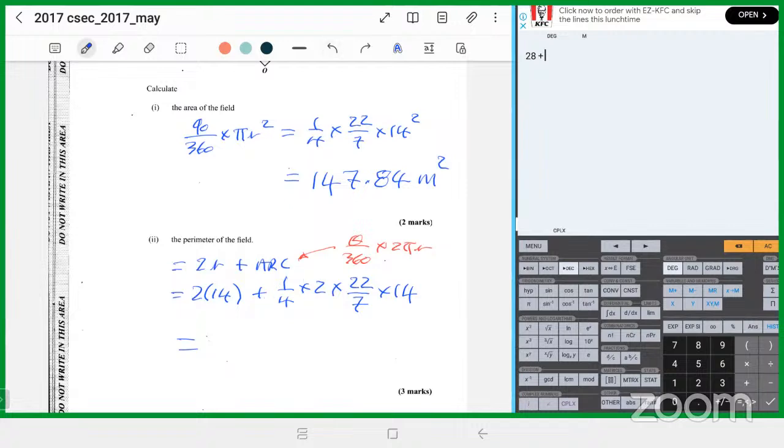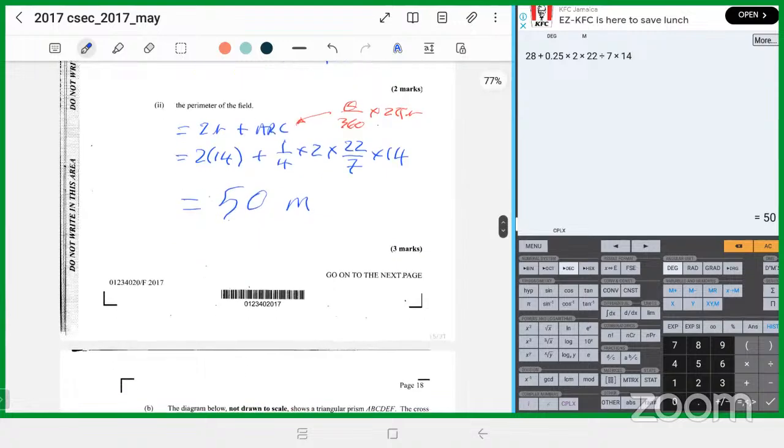Let's work it out step by step, 0.25 times 2, well, I just put a half there, times 22 over 7 times 14. 50 meters flat is the perimeter. 50 meters flat. Anybody got that 50 meters? All right, good. Next question.